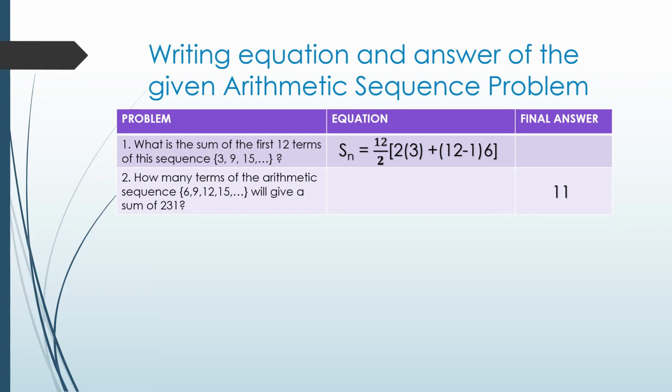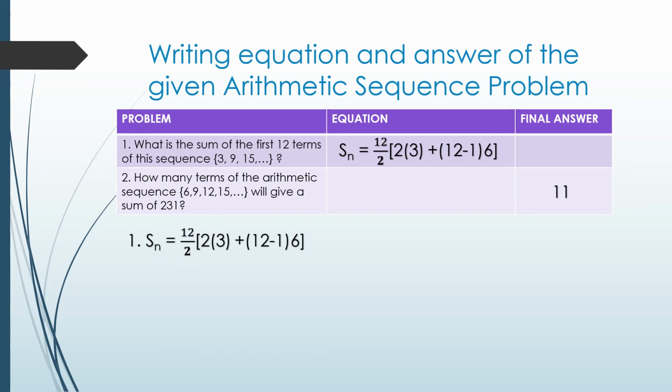Now, we are given an equation. So this is the given equation: S of n is equal to 12 over 2 times 2 times 3 plus 12 minus 1 times 6. We'll make use of that for us to solve for the final answer.